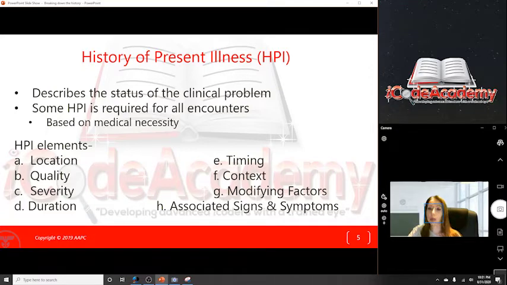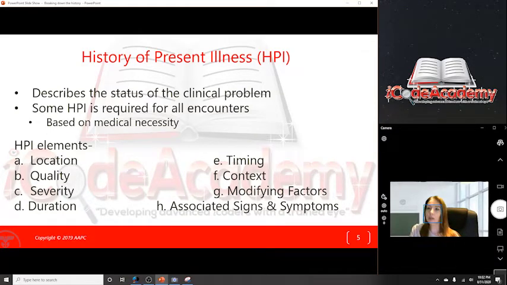So your role as a coder is to read the documentation appropriately and reflect or level out all of those elements, but not to determine to what extent it is necessary for the provider to complete and document the HPI.